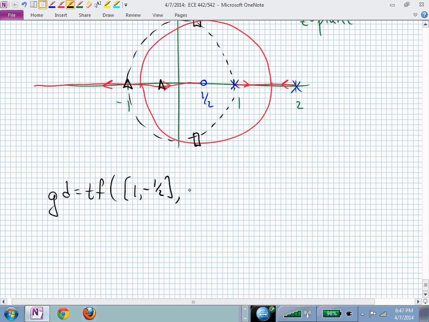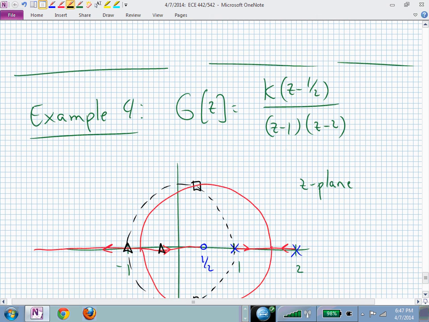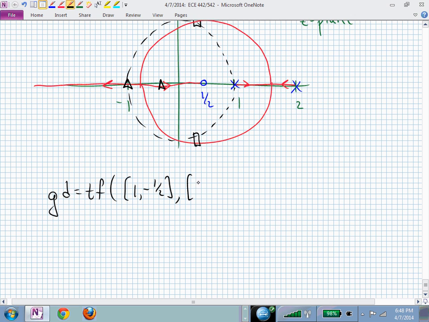We had 2 poles, which I multiply together to get z squared minus 3z plus 2. Is that correct? So now this is 1, minus 1/2 for the numerator, and 1, minus 3, 2 for the denominator. And if I don't know the sample period, I just enter a minus 1 for my TF function.